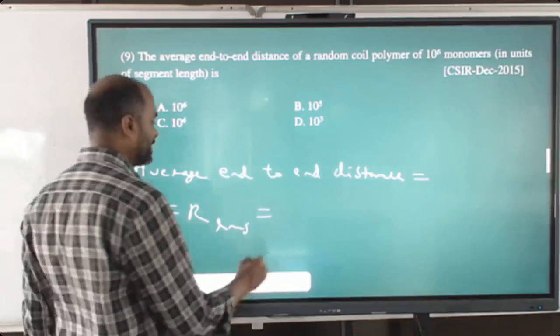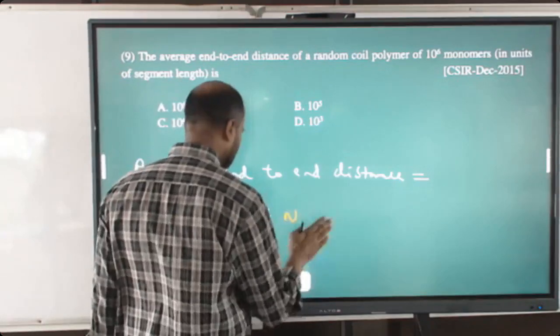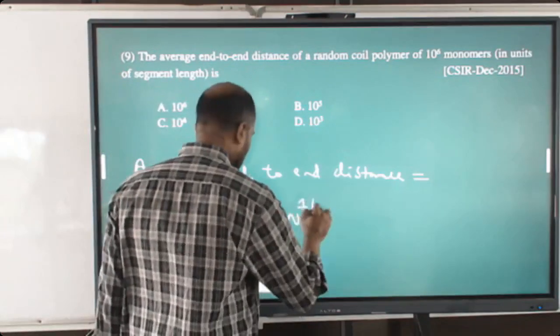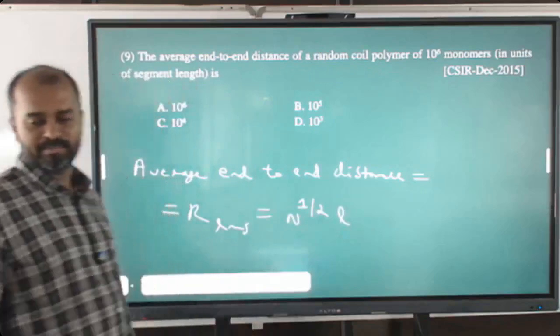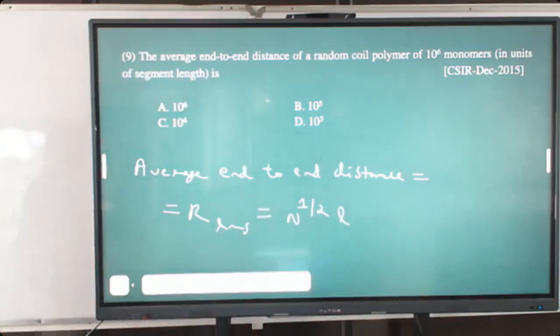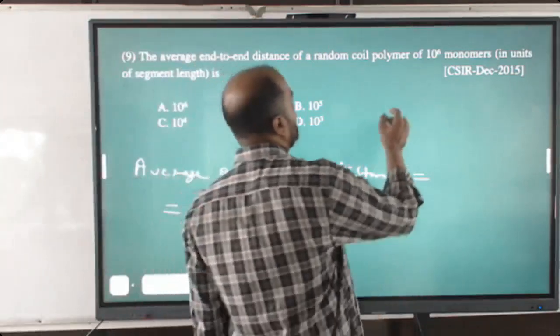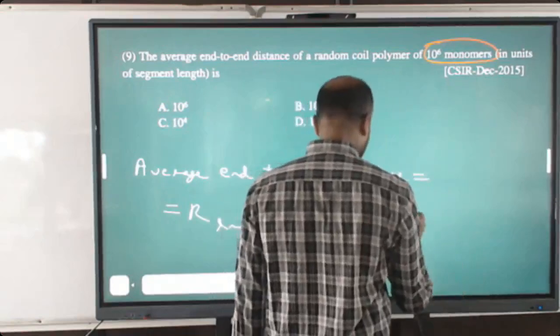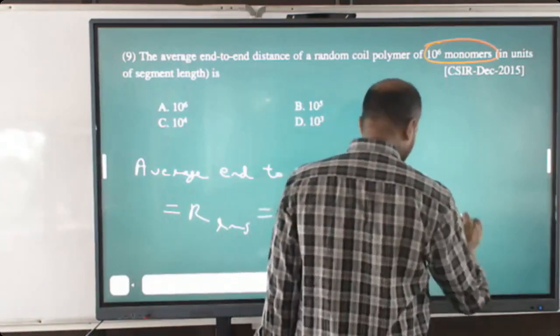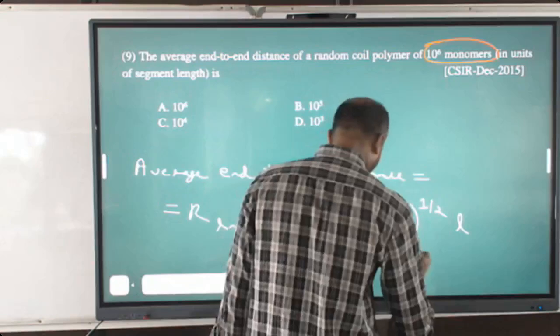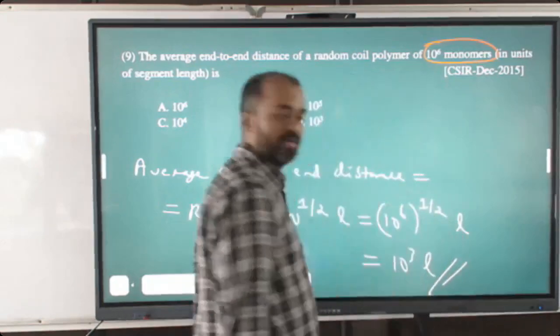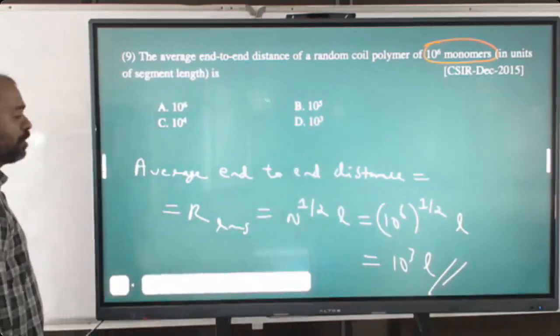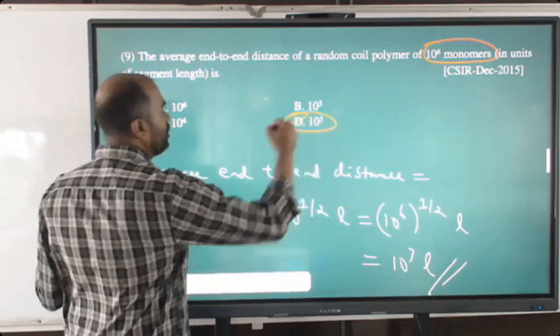The equation for RMS length is n raised to 1 by 2 into L. N is the number of monomers. 10 to the power of 6 monomers are there. So 10 raised to 6 raised to 1 by 2 into L, that is 10 cube into L. That's the correct answer. Option D, 10 cube.